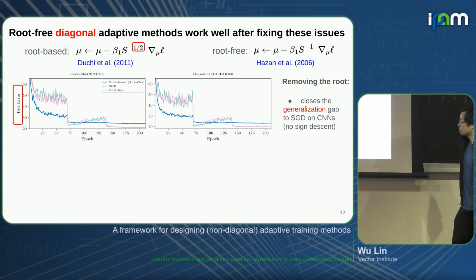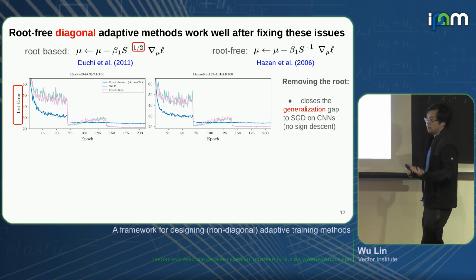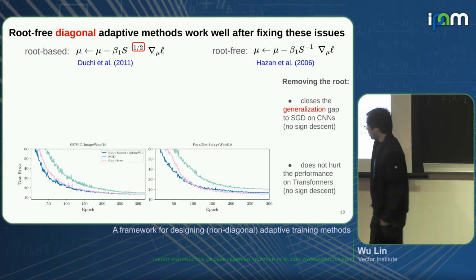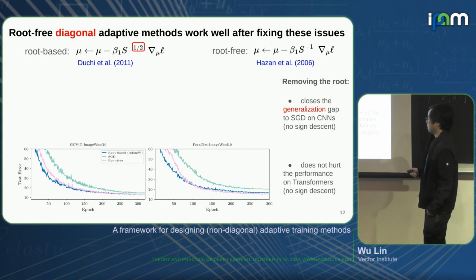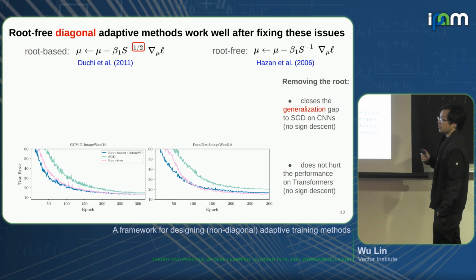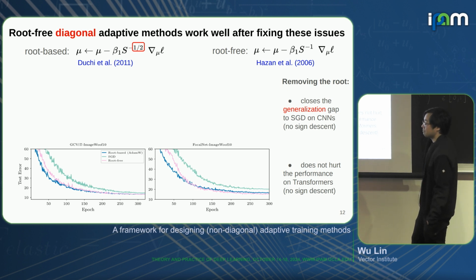But how about in transformers? Because nowadays people want to use sign descent to train transformers. It turns out that removing the square root doesn't hurt the performance of adaptive methods on transformers. So you can see that, in fact, it performs as well as the root-based method. So there's no sign descent component.